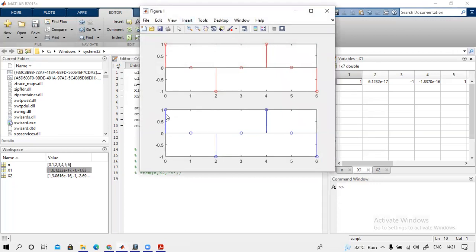But in the subplot, you can see that we get the same result, no? Here, see 1, and here you will get 1, 0, 2, 0, 1, 0, 1. So you will get the same signal, no?